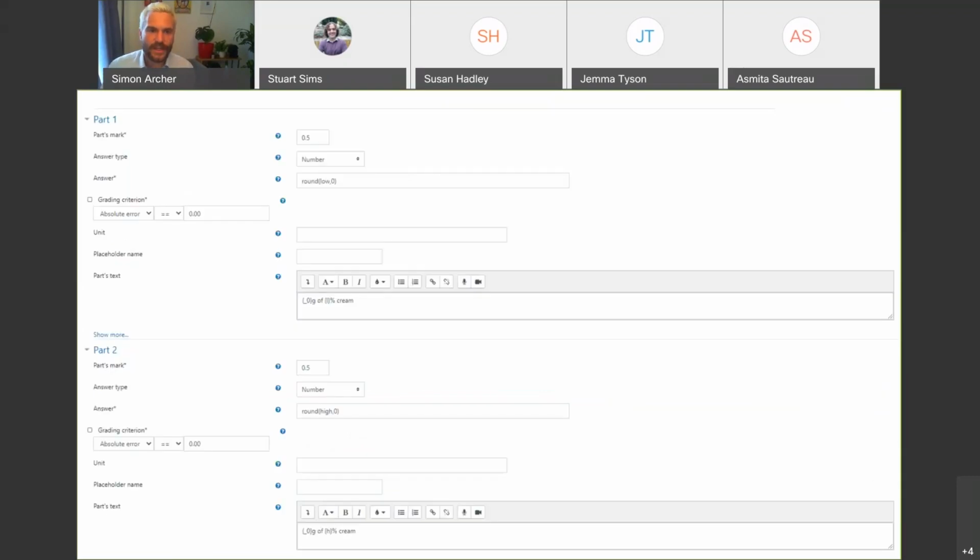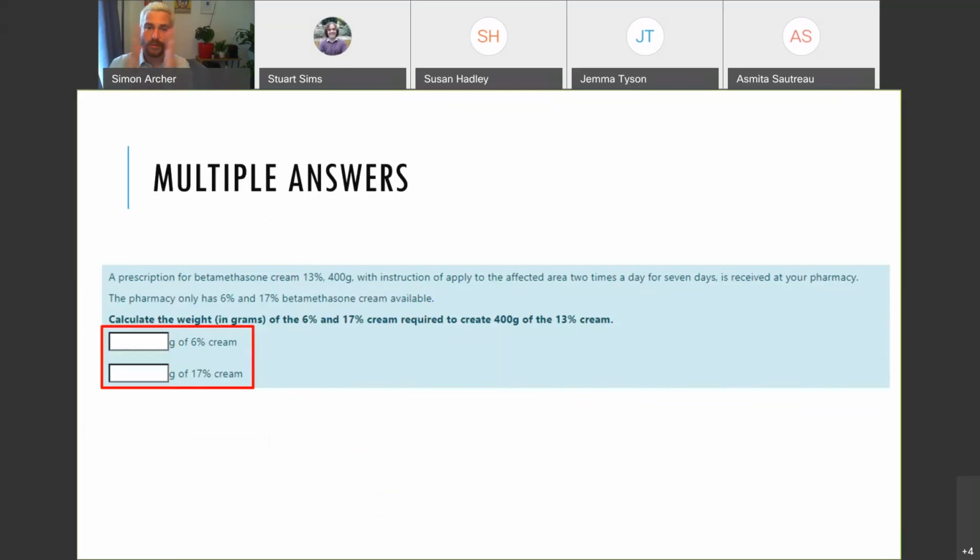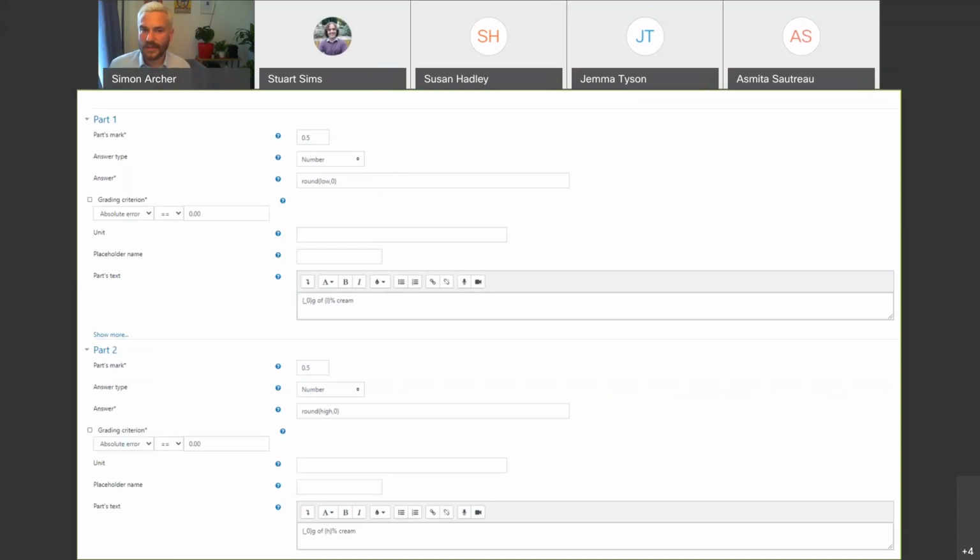Right. So this is just an example from that last page where you can see I've got those two separate answers. Each answer is worth half the mark for the question. And I want the computer to round the low answer to 0 and round the high answer to 0.